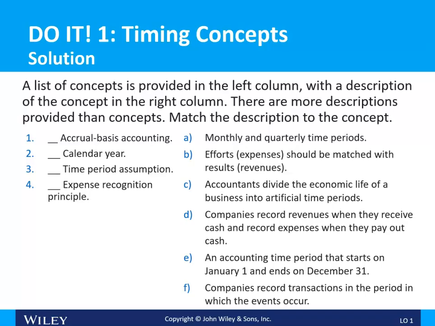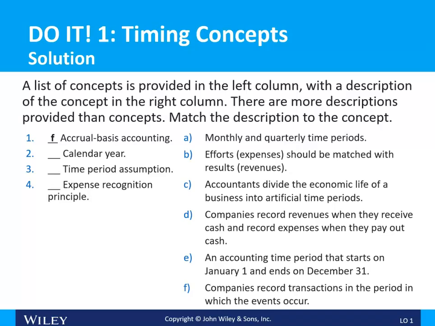On the left is a list of concepts, with a description of each concept in the right column. There are more descriptions than there are concepts, so we're not going to use all the ones from the right column, but match up column A to column B. So accrual basis accounting is F. Companies record transactions in the period in which the events occur.